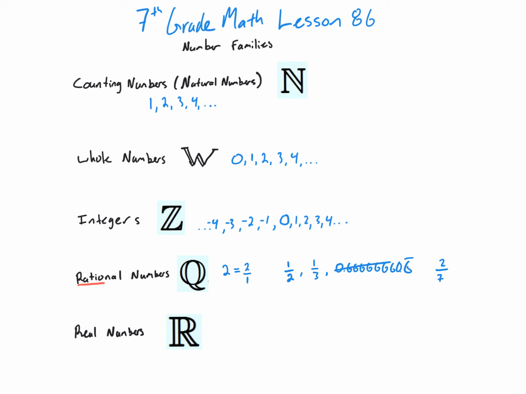Now, this book doesn't talk about it, but I'll go ahead and mention it here. There's also a category that we call not rational, or irrational. The irrational ones would be numbers like pi, or the square root of 2, or the square root of 6, things like that. We won't really be working with those, but I thought it might be good for you to at least know about them. And then the last set, and the biggest set, well, there's actually more after this, but you'll learn about that later on in algebra class.